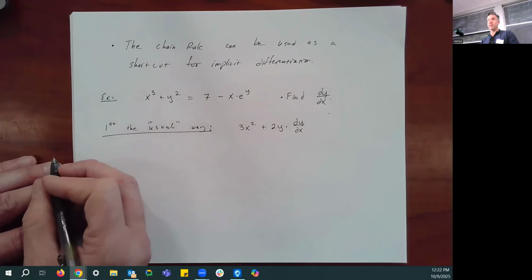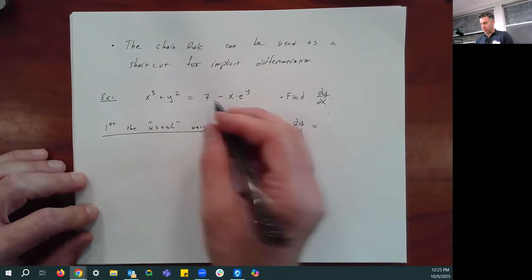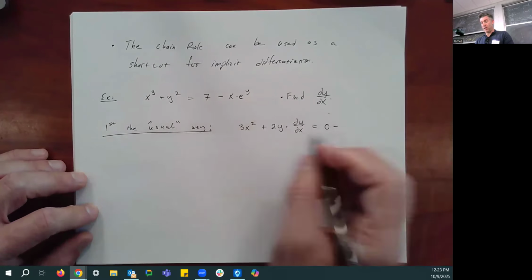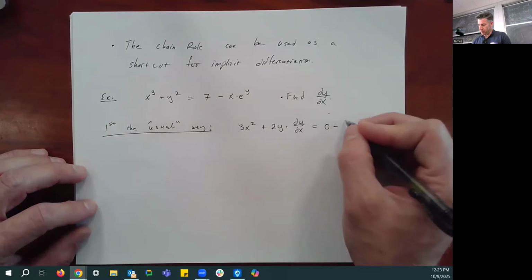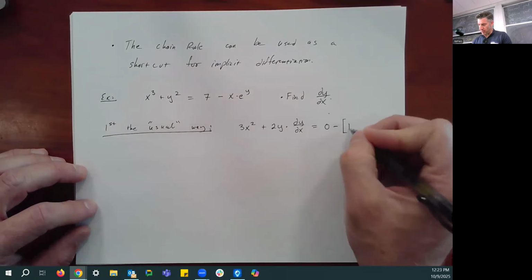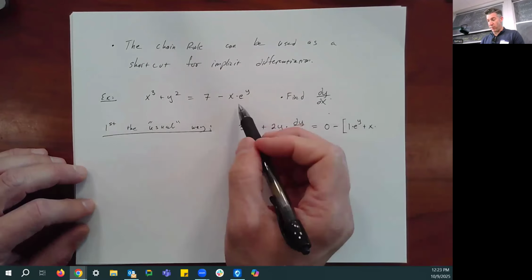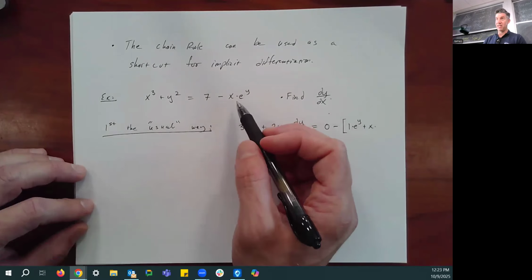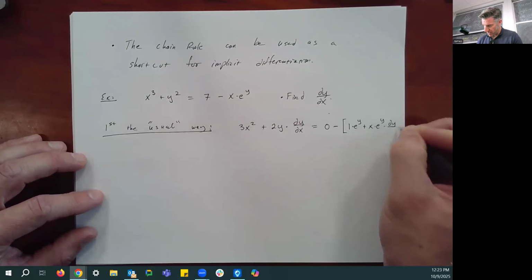We're assuming y is a function of x, so its derivative is going to require the chain rule. On the right-hand side, you're going to get 0 minus, and we're going to have to use the product rule here. So we get the derivative of x, which is 1, times e to the y, plus x times the derivative of e to the stuff, which is e to the stuff times the derivative of that stuff.